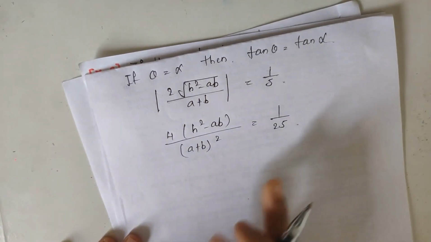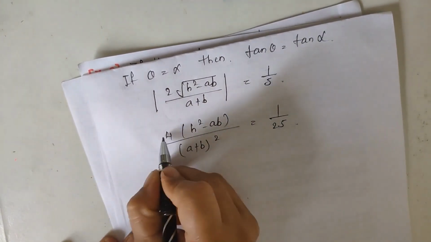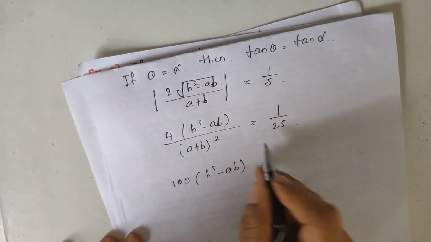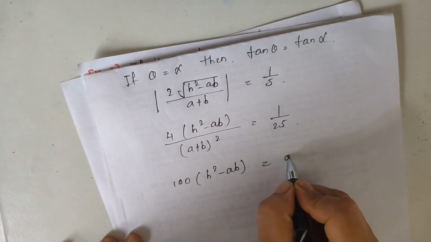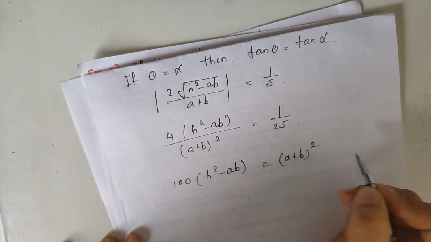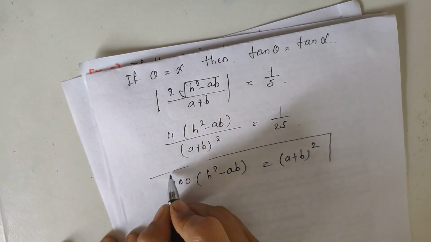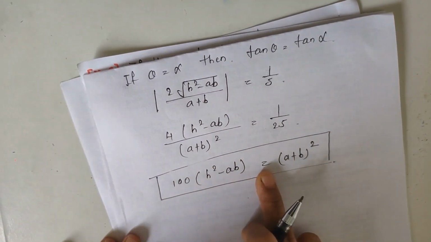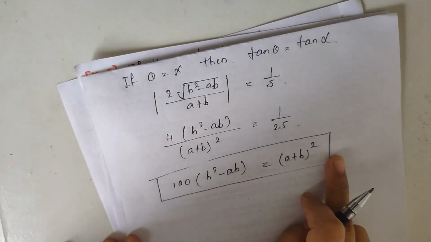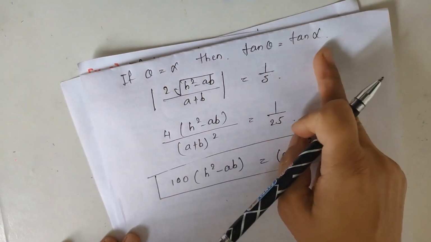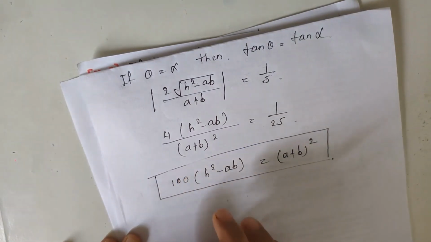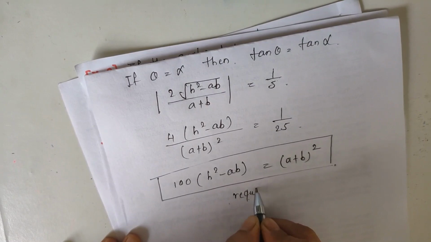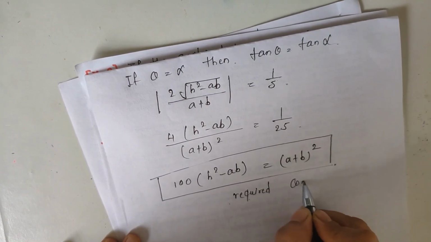Taking cross multiplication, 25 into 4, 100 into h square minus ab, and 1 into a plus b square, is equal to a plus b bracket square, and this is the given expression. 100 into h square minus ab is equal to a plus b bracket square. Comparing tan theta is equal to tan alpha, we get the required expression. This is the required condition or expression.